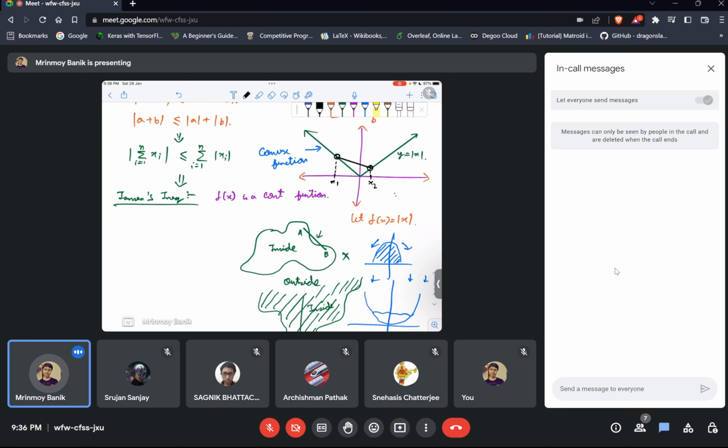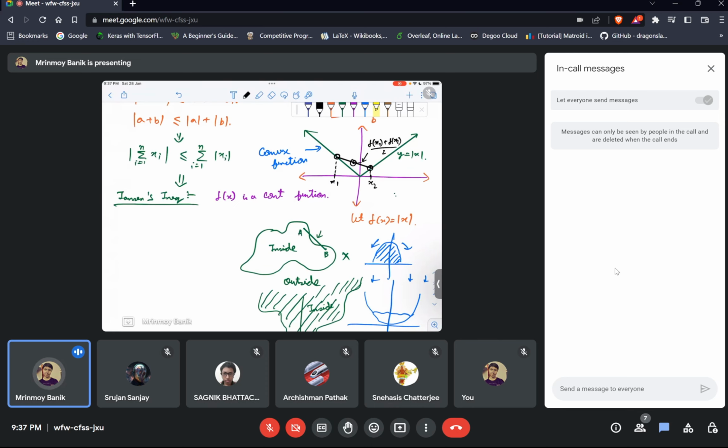So join it with a line, take the midpoint. So this height is our f(x1) plus f(x2) by 2. So midpoints can be expressed as the arithmetic mean of the endpoints, right? So this line has a midpoint which is equal to (f(x1) plus f(x2)) by 2.